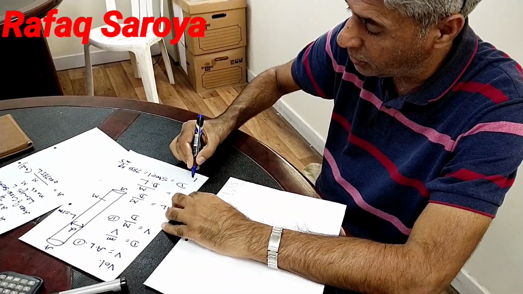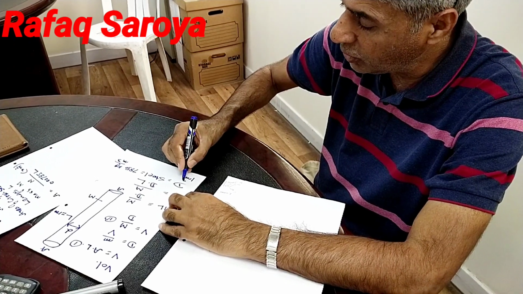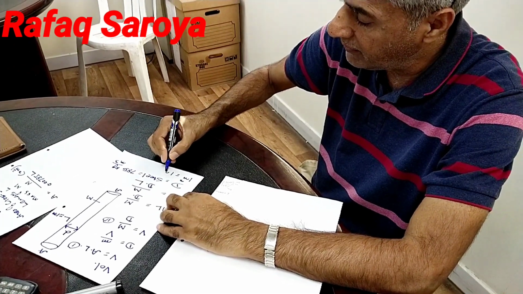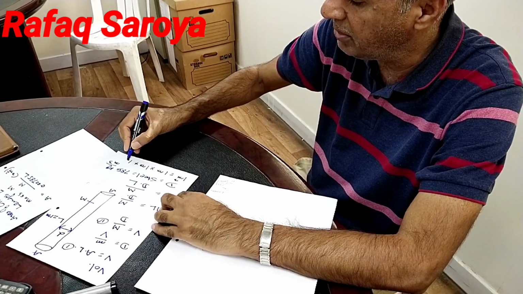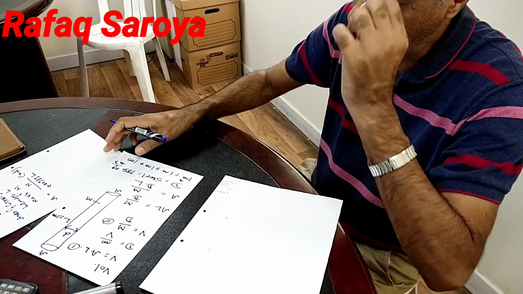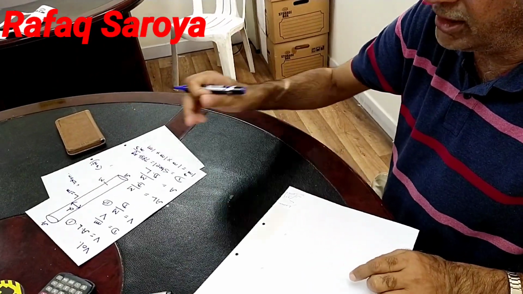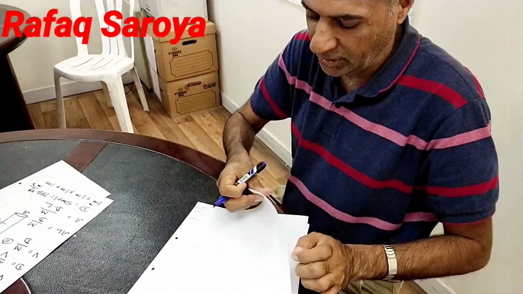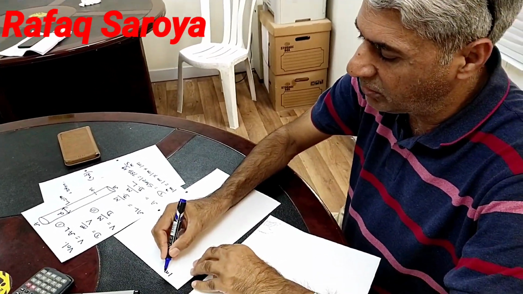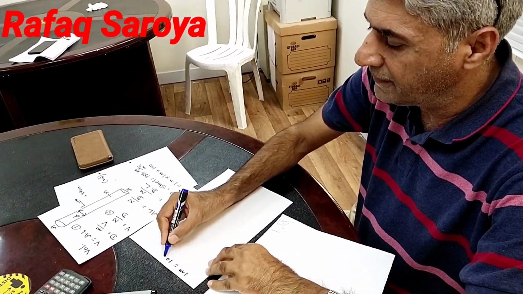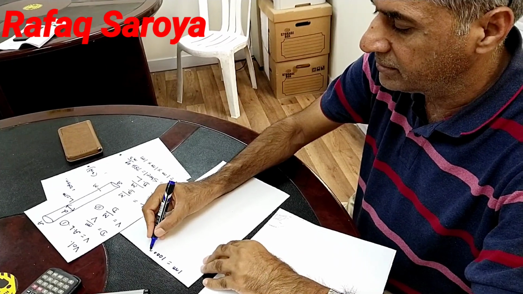Here I want to tell you one thing. You see, this is 1 meter cube. 1 meter cube means 1 meter into 1 meter into 1 meter. Now I want to convert this 1 meter into millimeter. How will I do it? You know, 1 meter is equal to 1000 millimeter.